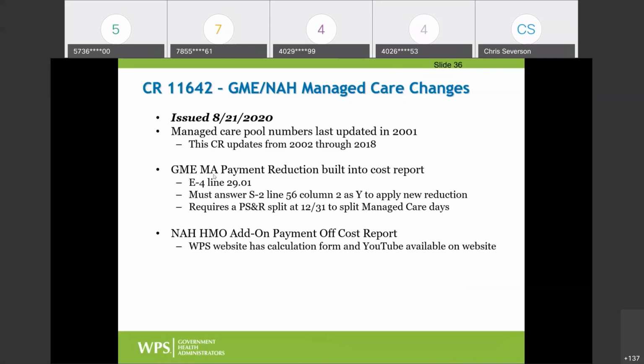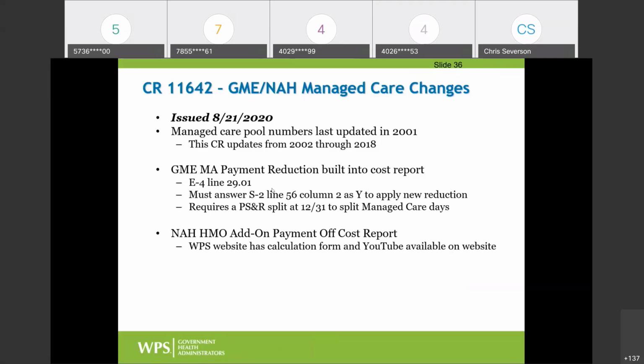The GME Medicare Advantage payment reduction, that's built into the cost report, so there's no separate calculation. It was changed, though. They added a new line 29.01 to E-4. To get that to work, you have to answer S-2 line 556 column 2 as a Y, and that'll apply the new reduction factors.